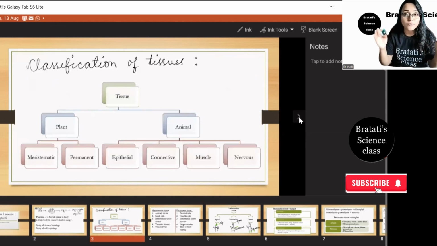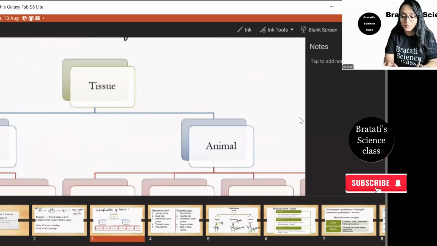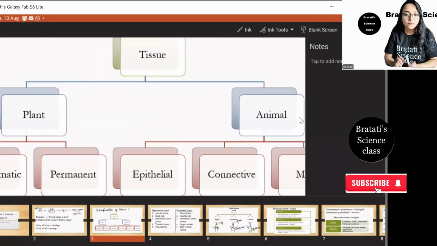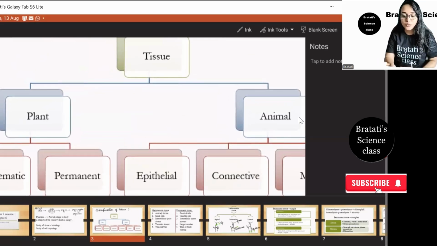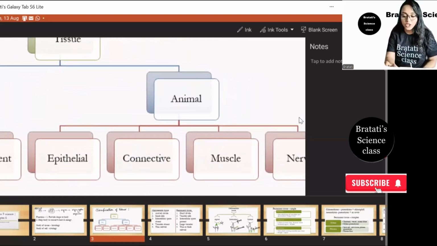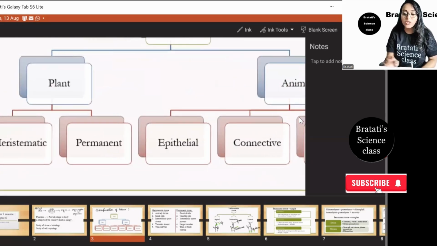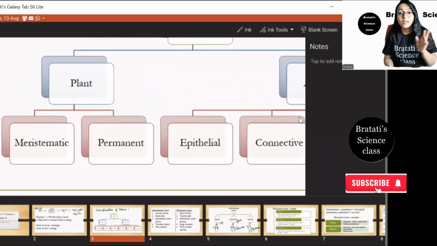The broad classification of tissues can be plant tissues and animal tissues. The plant tissues found in the plant can again be subdivided into meristematic tissues and permanent tissues.